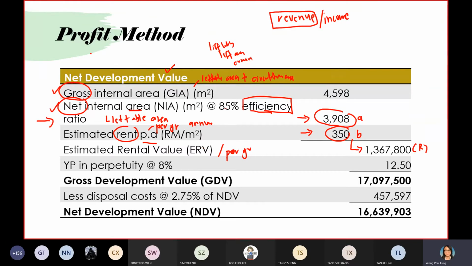How many years would you like to collect the rental for your property? Anyone? One, two, three. No answer. Then how? 99.